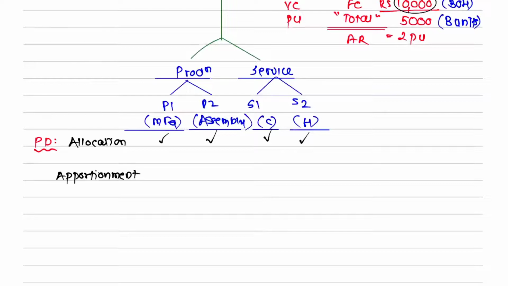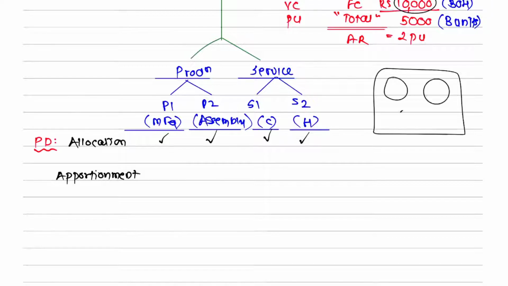But let us say this entire premises, this factory, this entire land, on which there are these four departments, and I pay the rent for this entire premises. Now the company wants to divide that rent between these four departments.